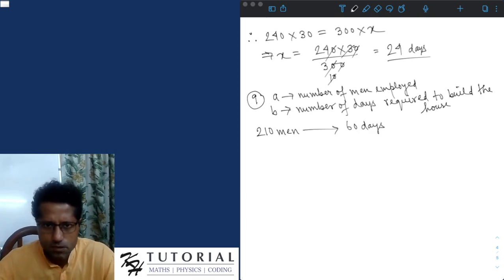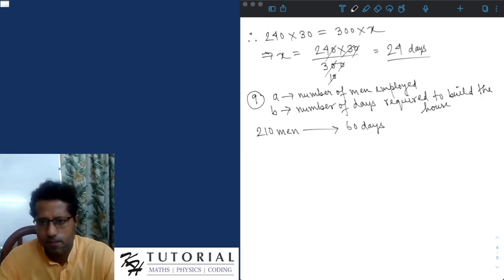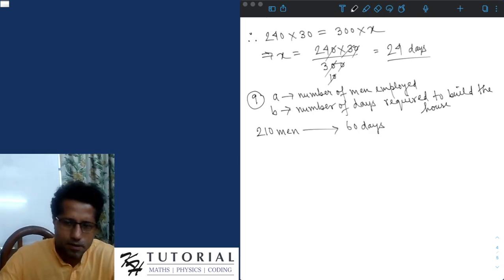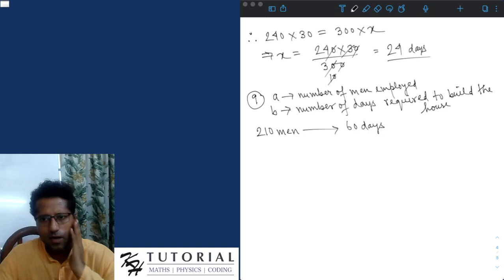So now we have to consider the remaining work. So it is asking in how many days will the remaining work be finished. Now we have to concentrate our focus on the remaining work. As per data, the remaining work should be completed in 48 days. Now it's all about the remaining work, not the complete work to build the house.